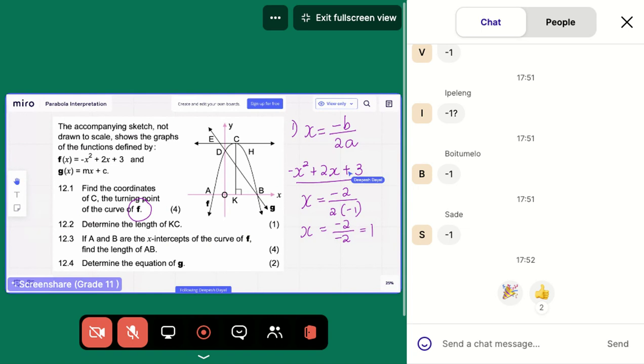Now they say find the coordinates of C, which is the turning point. Now we've got the x value. Now we need to find the y value. So we're going to take the x and plug it back into the equation of f.